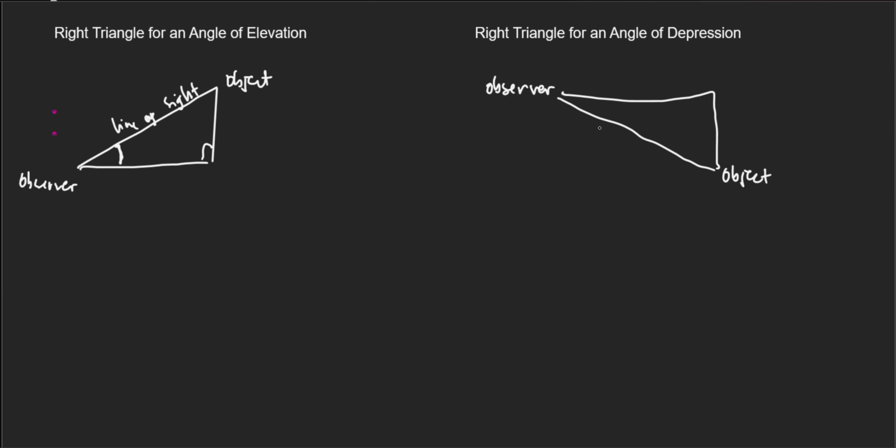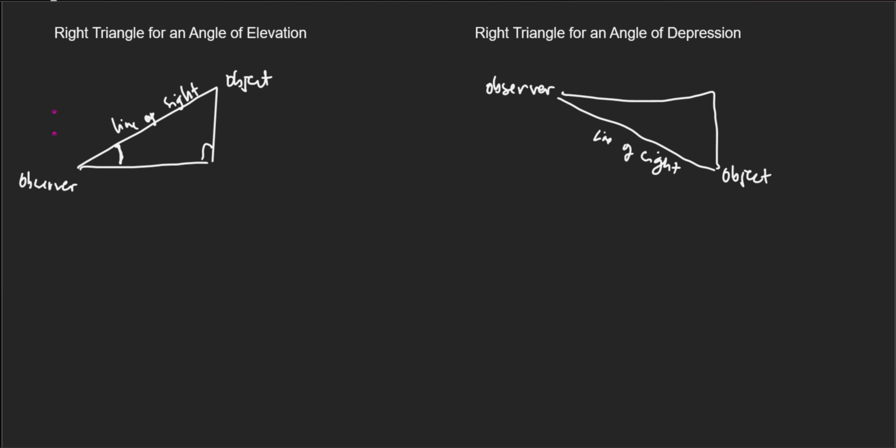Basically, our hypotenuse is what we call the line of sight. So these are the two right triangles that we need to familiarize ourselves with, because there are some problems that connect to this kind of situation, scenario, or concept.